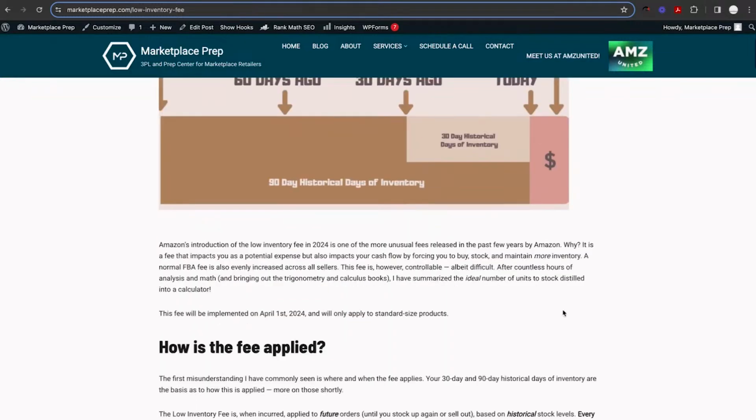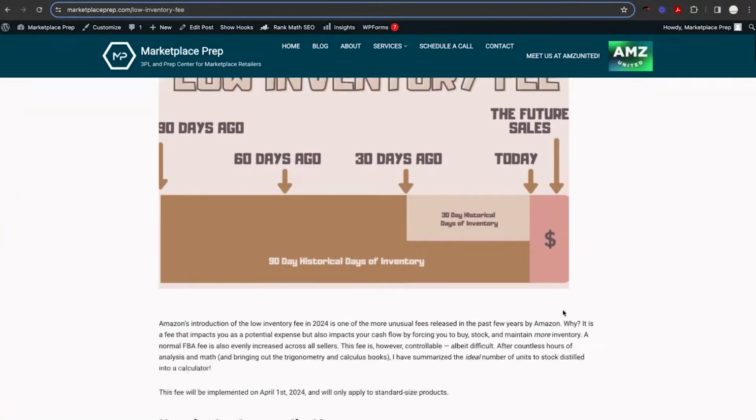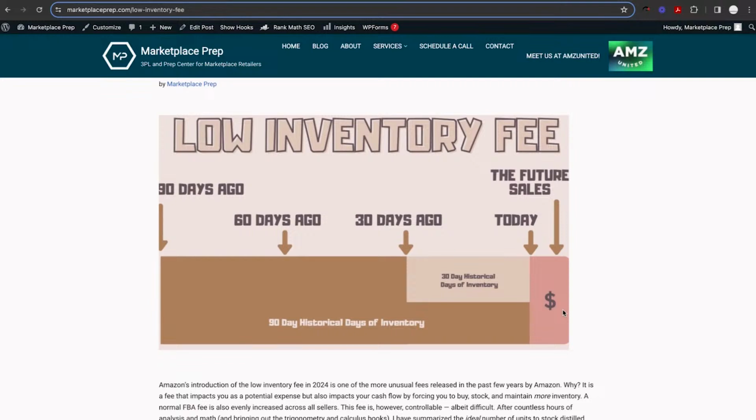While I'm not going to read this word for word, I will try to break down each section. This is the first time a fee is really affecting people's cash flow, not just an expense on their sales. Normally an FBA fee is only incurred when you sell the product. Well, this is a fee that, yes, it's incurred at different intervals, but it's also forcing you to hold more stock.